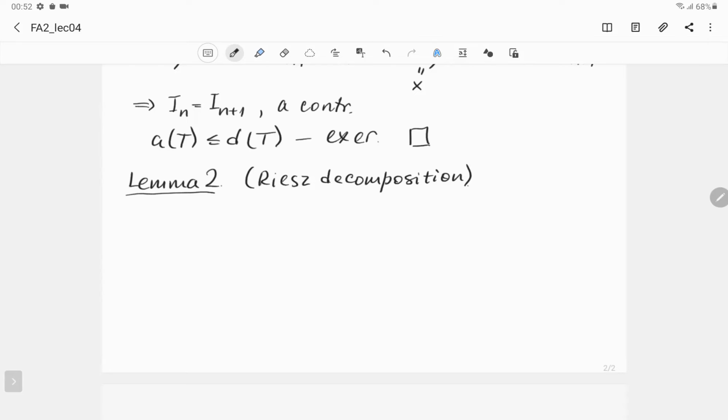So again, we assume that X is a vector space, and T is a linear operator on X. And we suppose that T has finite ascent and finite descent.